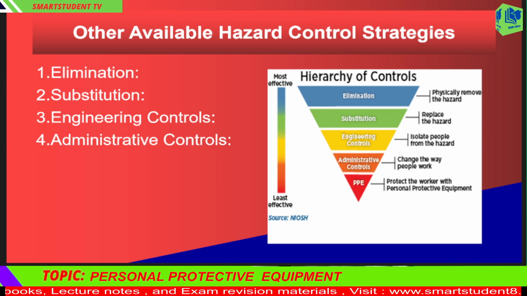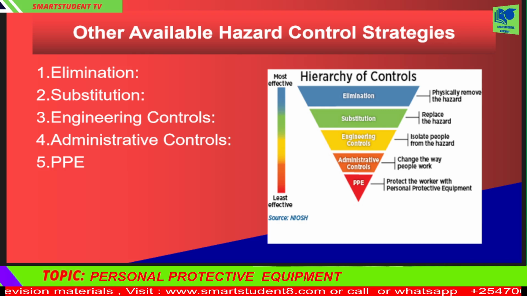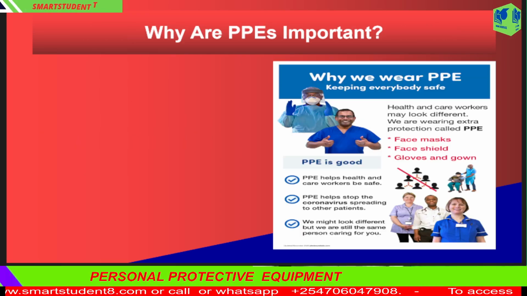Administrative controls. Establish policies, training, and procedures to minimize exposure, e.g., rotating staff to limit exposure time. 5. PPE is often employed when these methods are insufficient or impractical, making it a critical but secondary line of defense.